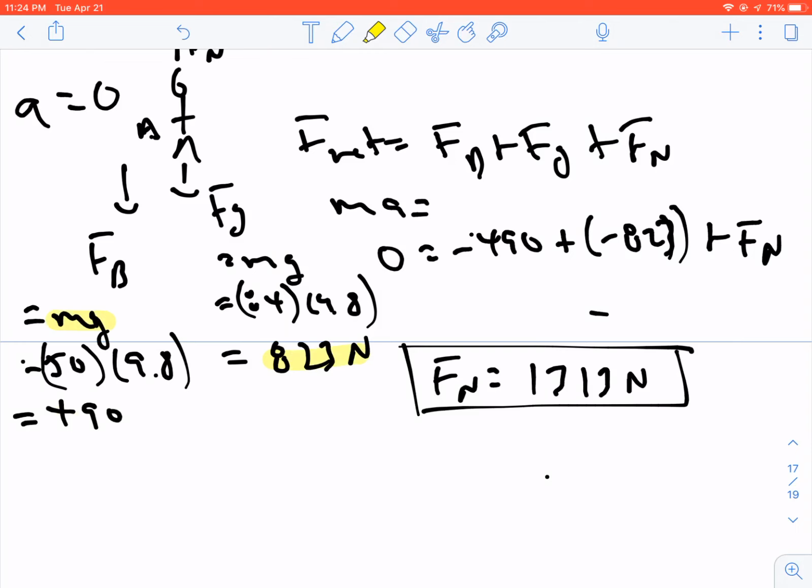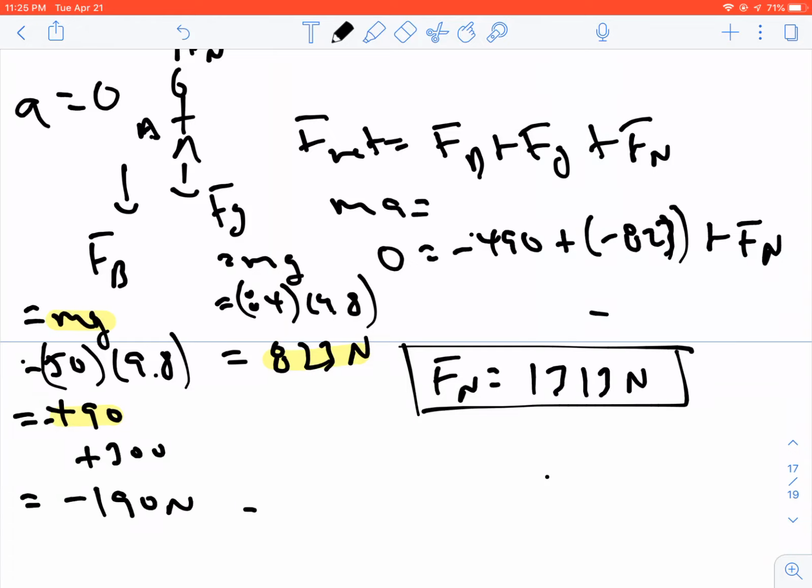There's also a balloon force giving person B a lift of 300 newtons. So if I was going to say what is the force of person B, it's going to be, I guess, negative 490 because it's a downward force, plus 300, which is the upward force of the balloon pulling on the person. So B is only pushing down on A, person A, with 190 newtons now.